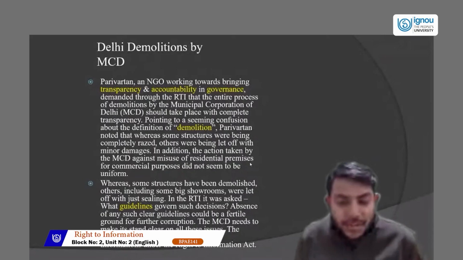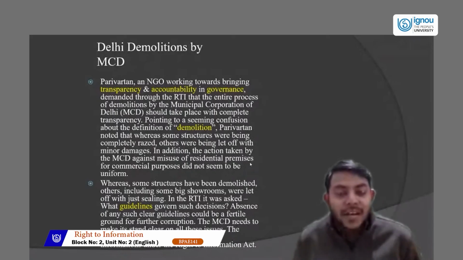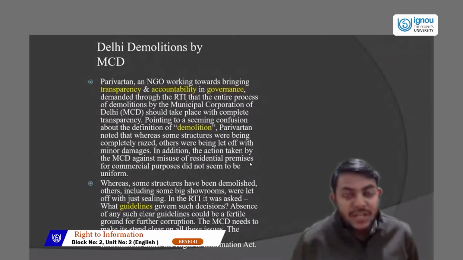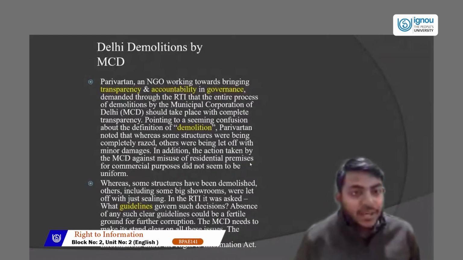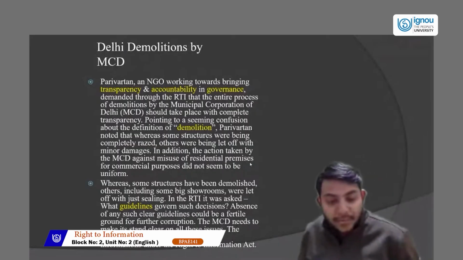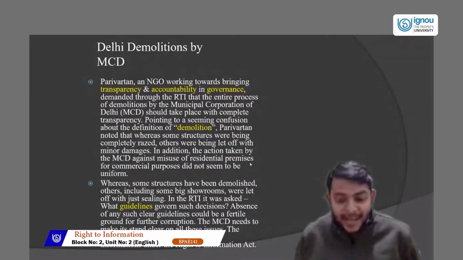And in the RTI, it was asked what guidelines govern such decisions. And absence of any such clear guidelines could be a fertile ground for further corruption. The MCD needs to make its stand clear on all these issues, this NGO said. And the people have a right to know all this information under the RTI Act.